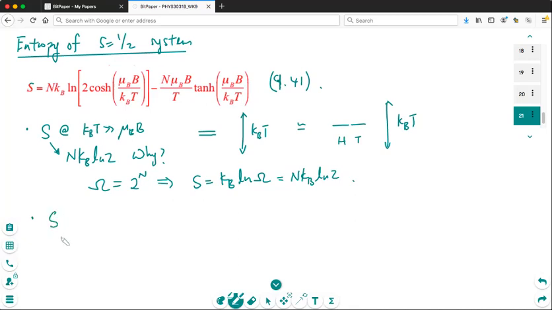I want S when k_B T is much lower than mu_B B. Okay, you have two ways to argue about this. One is simply applying the third law.